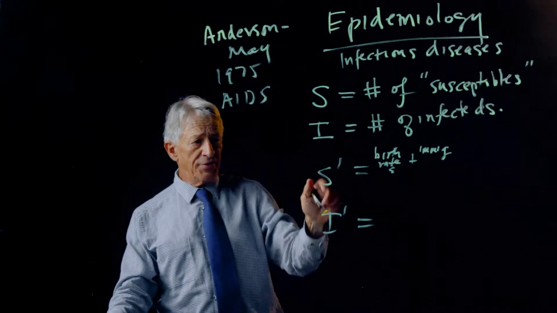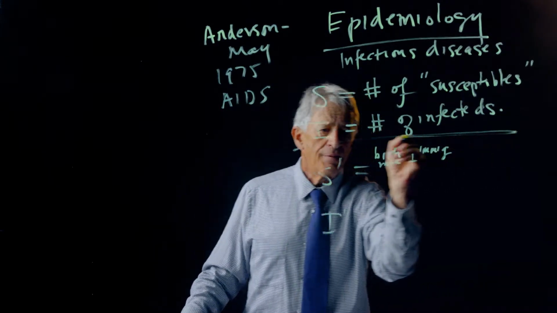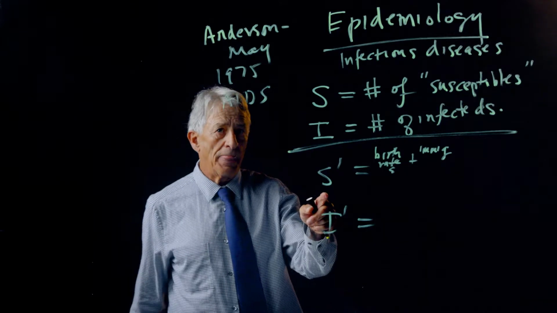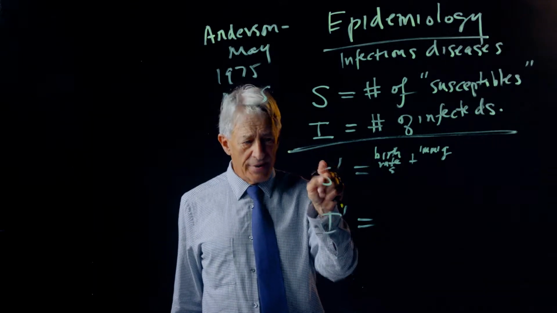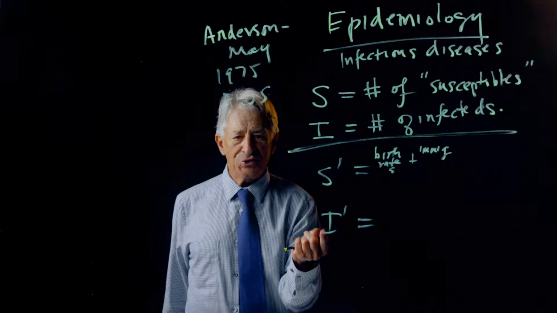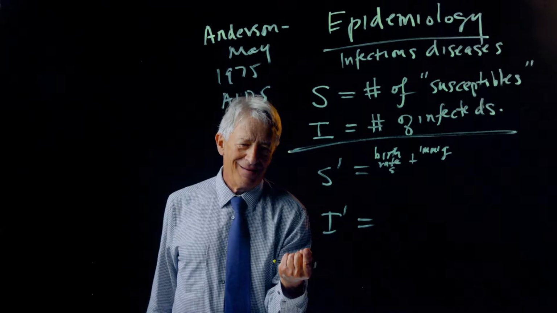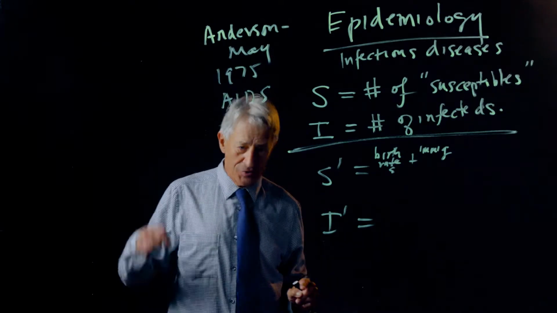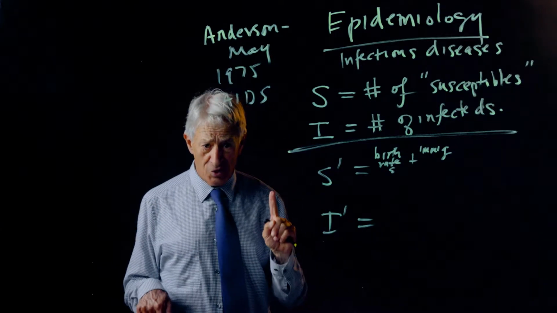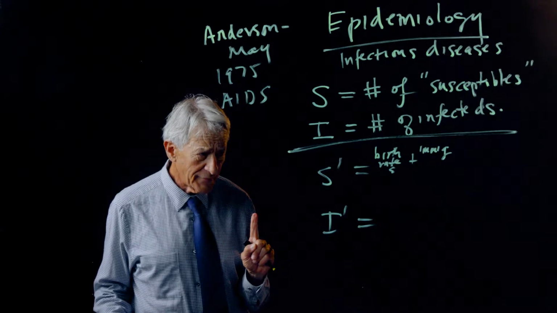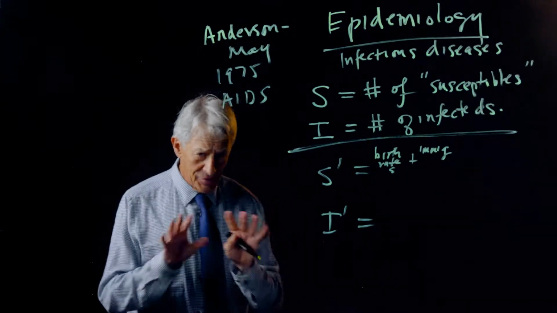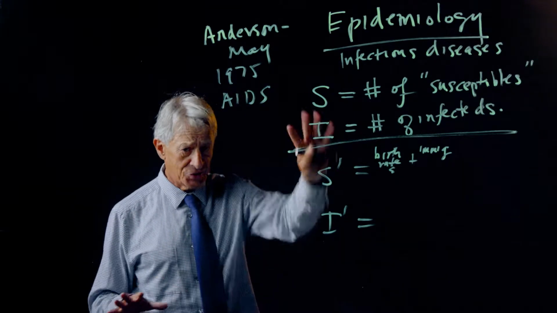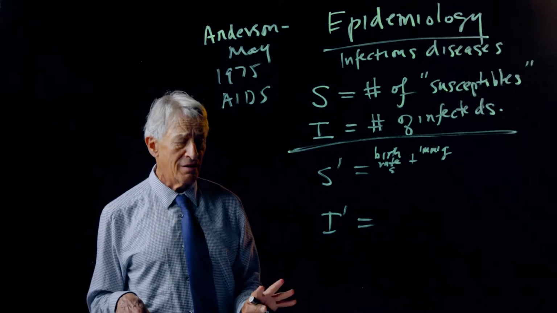So in this case, what makes S go down is an S bumps into an I, and with probability beta, the number of S's goes down 1 and the number of I's goes up 1. But there's a little wrinkle in this model which is different from the shark tuna model, and you're beginning to see the shark tuna aspects here already.